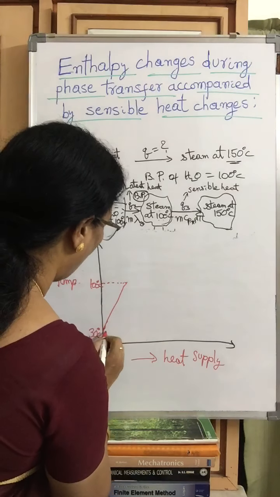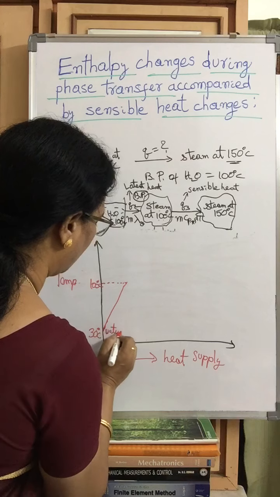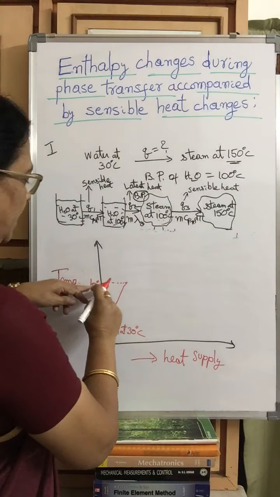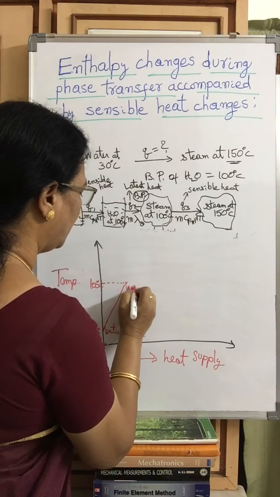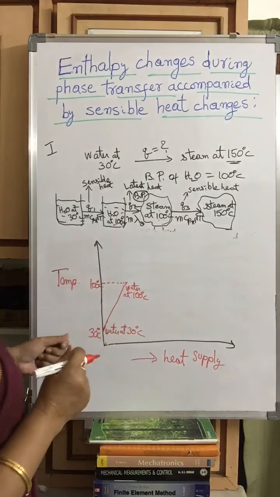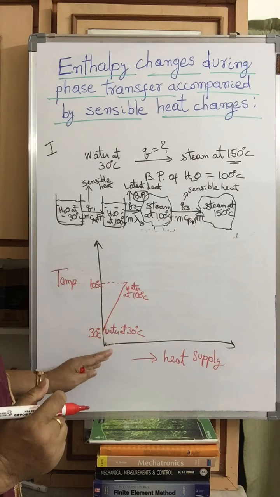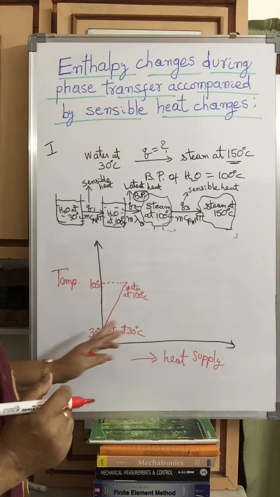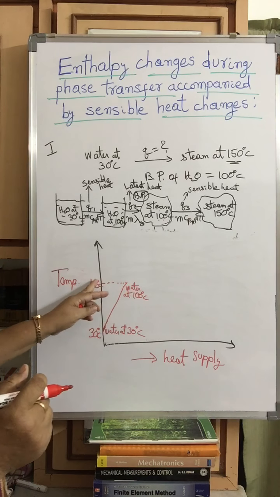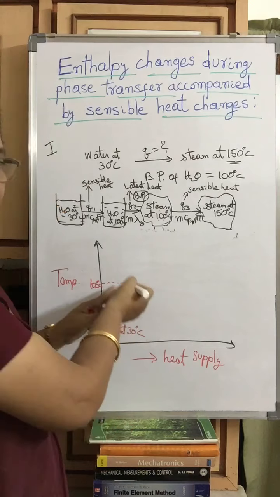So here water at 30 degrees centigrade, and here water at 100 degrees centigrade. So first water at 30, as we go on supply heat, temperature rises from 30 to 100 here. Then what happens at 100?